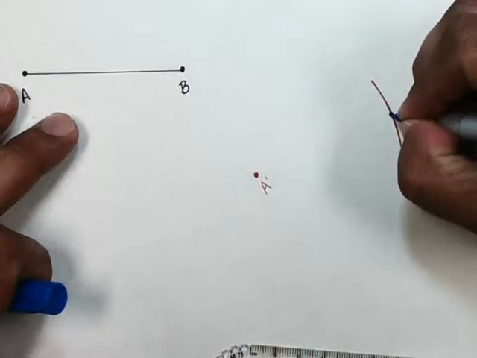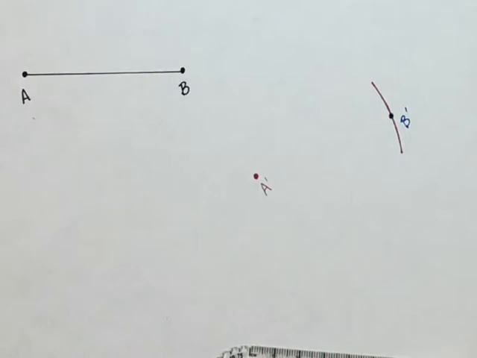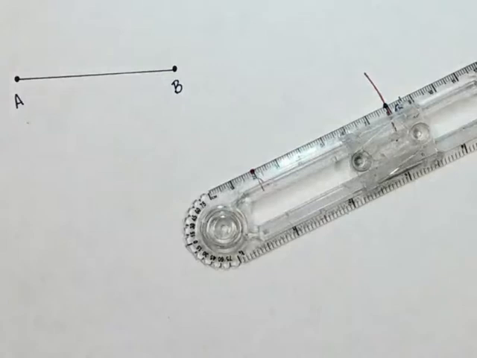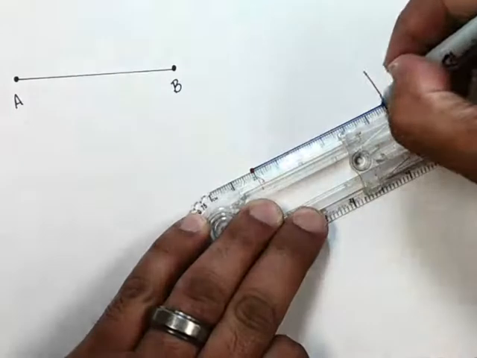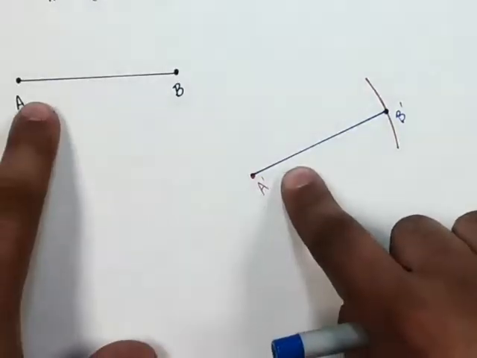I'm just going to pick that one right there, and I'm going to call that point B prime. Okay. Now if I take a straight edge and connect those, this segment A prime B prime has the exact same length as this segment over here.